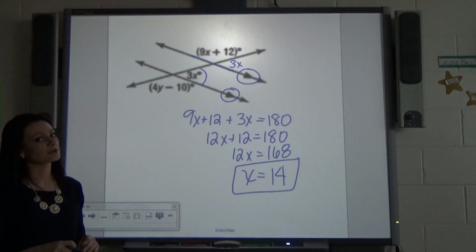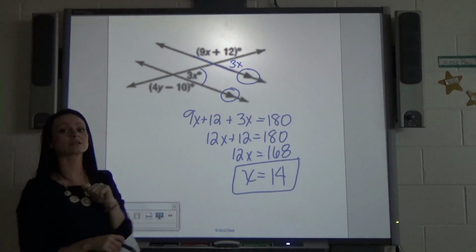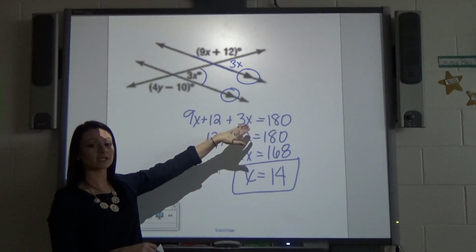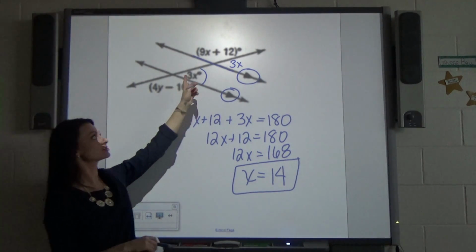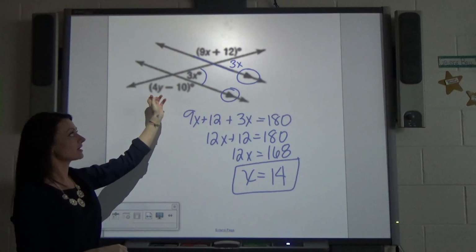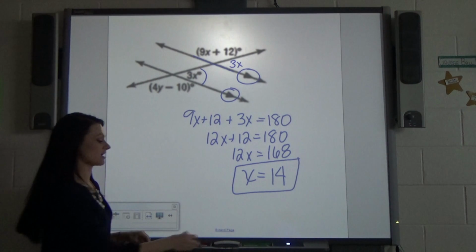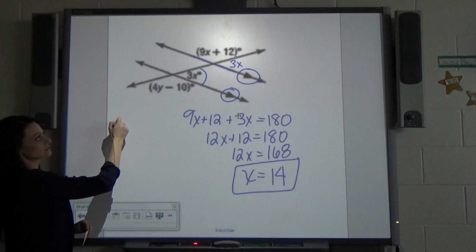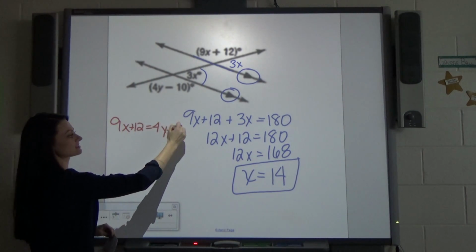Two different ways you could go about this. You could look at 4y minus 10 and 3x being a linear pair, which means I would add these two together and set them equal to 180, just like I did here. I'm going to look at it in relationship to 9x plus 12, because I know that 4y minus 10 and 9x plus 12 are alternate exterior angles, which tells me that they are congruent. So I can say that 9x plus 12 is equal to 4y minus 10.